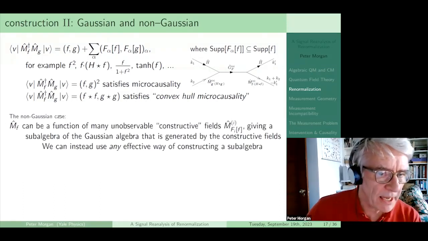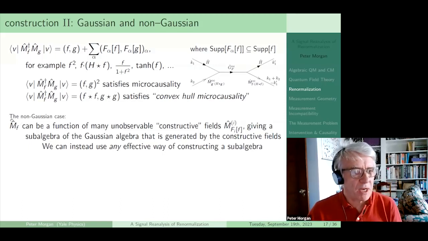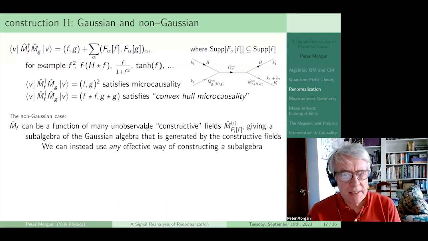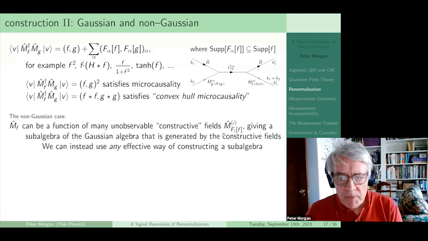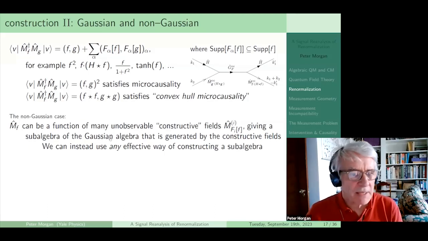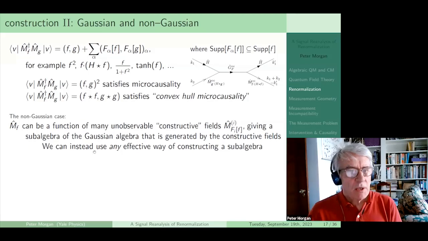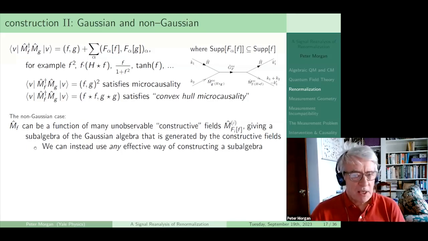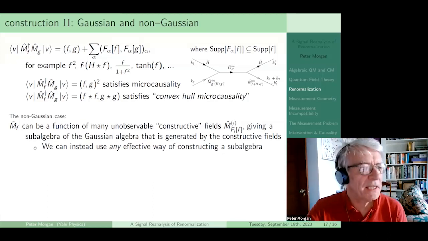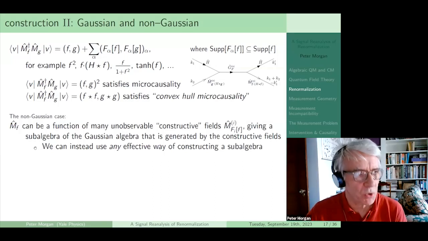So the non-Gaussian case, simplistically, we can just construct an F measurement just as a function of many constructive fields with different nonlinear functionals in them. And that gives us a subalgebra of the Gaussian algebra that's generated by the constructive fields. So what I would like to see would be other ways of constructing subalgebras of those free field algebras using the nonlinearity we now have as a resource.